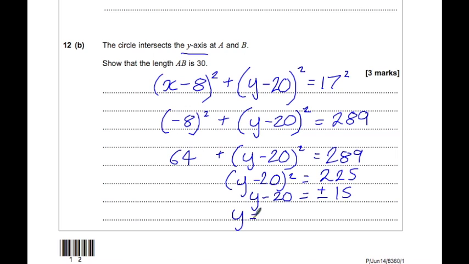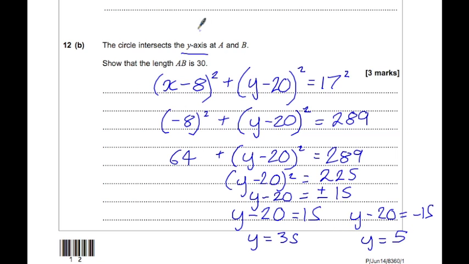So y minus 20 equals 15, in which case y equals 35, or y minus 20 equals minus 15, in which case y equals 5. So the coordinates of A and B must be (0, 5) and (0, 35), depending which is higher. So the distance between them will be 30. So the final answer is 30.